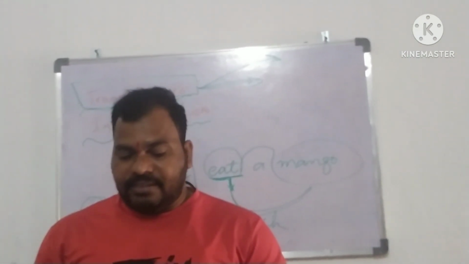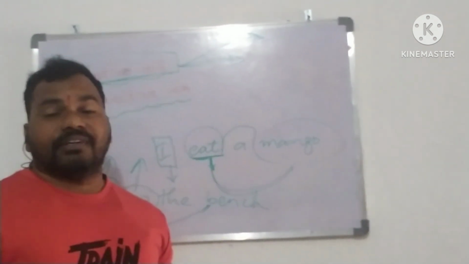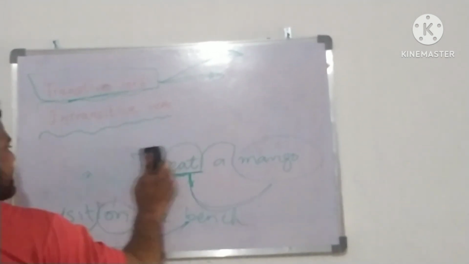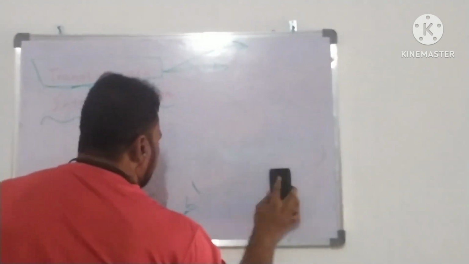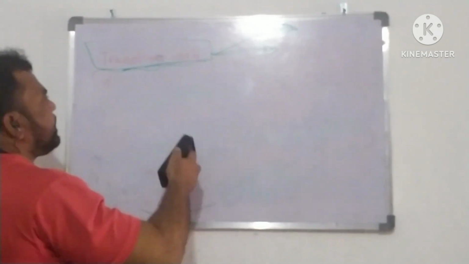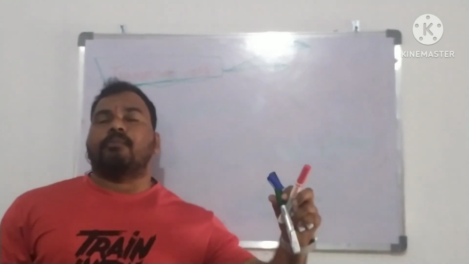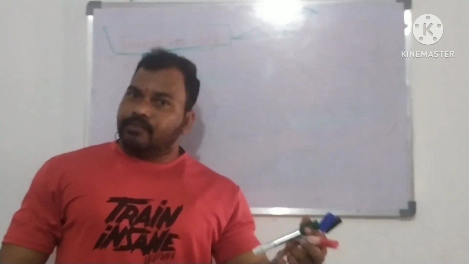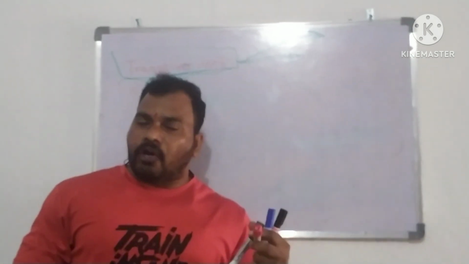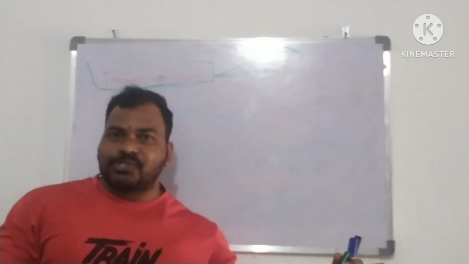Okay, let's move on to our topic, active voice and passive voice. It is very important to keep in mind whether the verb is followed by an object or not. If the verb is followed by an object, then obviously it can be changed into passive voice.